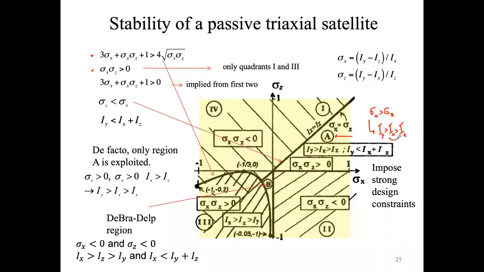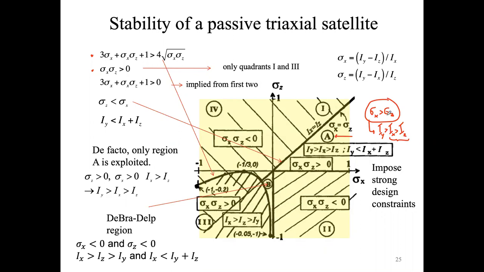So this relationship is coming from the stability of the pitch axis. This one is an additional relationship that is coming from the fact that we have seen that the stability of the system is only valid if we have sigma x greater than sigma zeta.